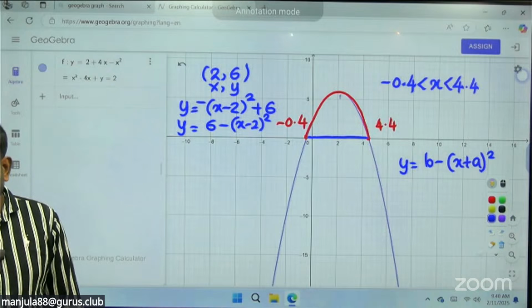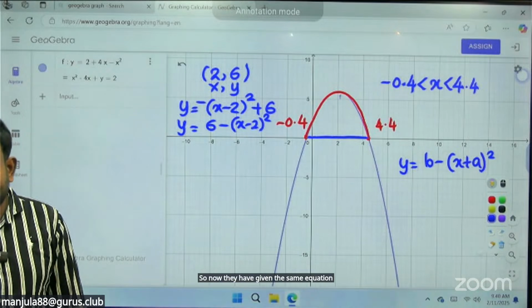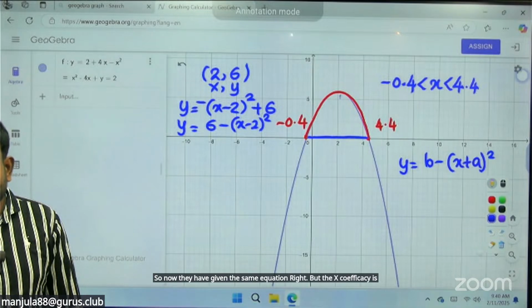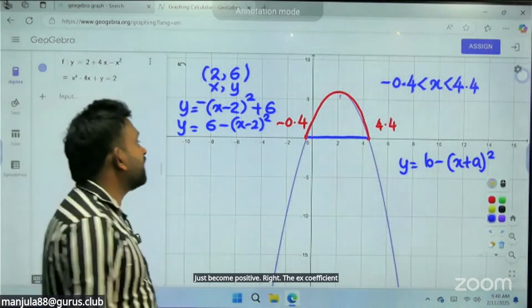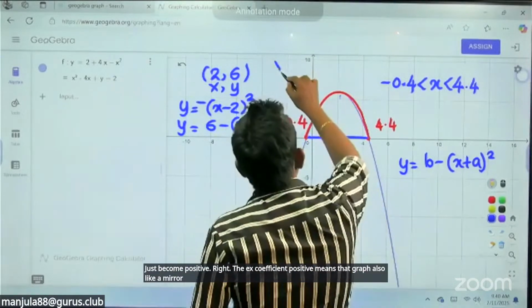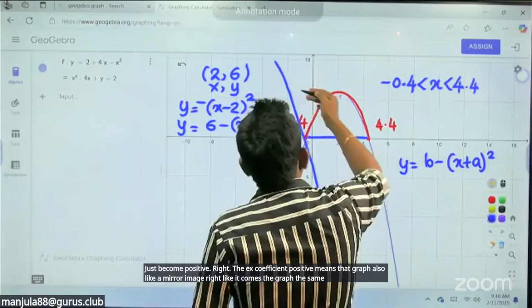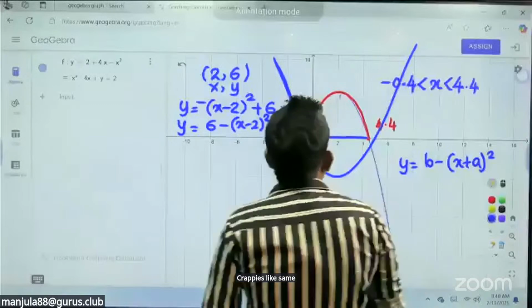Now they have given the same equation, but the x coefficient has just become positive. The x coefficient being positive means the graph is like a mirror image, it comes the same way, passing this way.